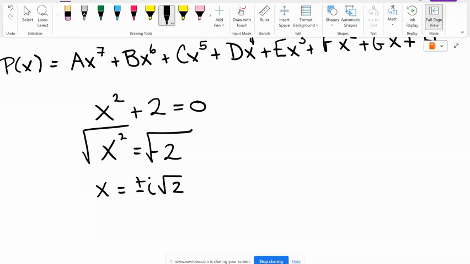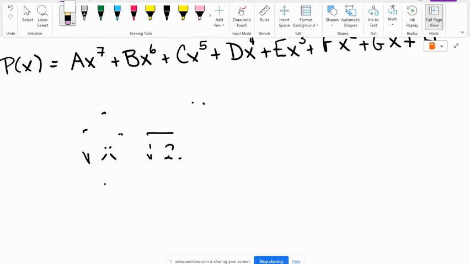So what does that tell us? Every imaginary number has to come in pairs. Why am I doing all this? Because if we know that imaginary numbers have to come in pairs, we can figure out what our options are for imaginary versus real.